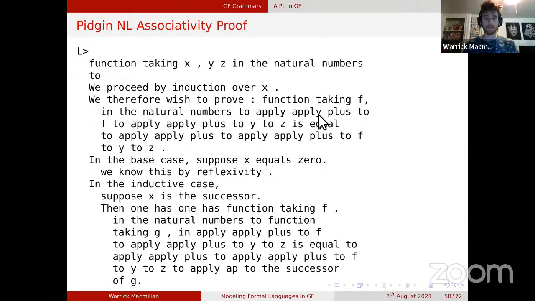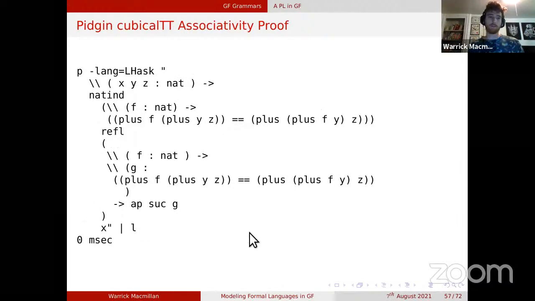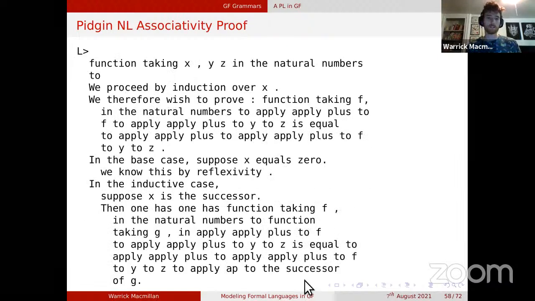So you say apply plus to f to apply plus to y. So this is completely illegible to a native speaker. This grammar that I've written parses this, so it's syntactically complete, but it's semantically incoherent, although it has a promising future if some blood, sweat, and tears are put into it.